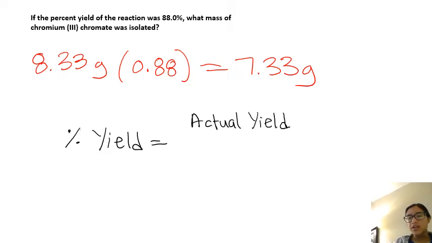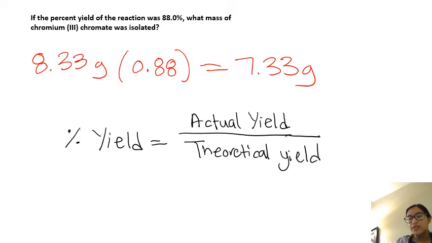My computer's having a hard time catching up with me. So actual yield over theoretical yield. And that's times 100%. So basically what I just did was rearrange this around. So we're given a percent yield, and we calculate out the theoretical yield based on the stoichiometry.